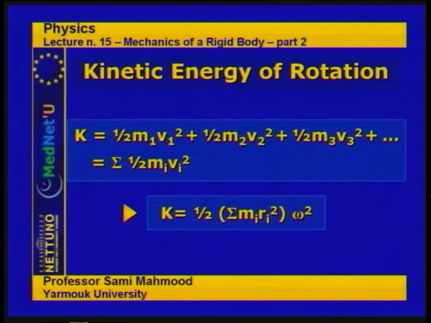We have removed omega outside the summation because the body is rigid, as we said, and the angular speed of each point in the body is the same as it is for any other point in the body. So omega is fixed for all the particles in the body. So we have this result, which is K equals 1/2 times the quantity in parentheses, which is the summation of m_i r_i squared, which depends on the particle i and its location, times omega squared.